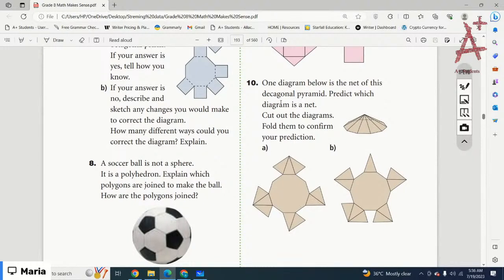That means it has 12 faces? One, two, three, four, five, six, seven, eight, nine, ten. No, decagonal has 10 faces. I think A is the net.